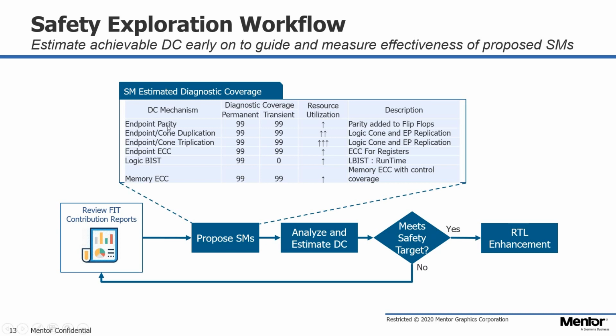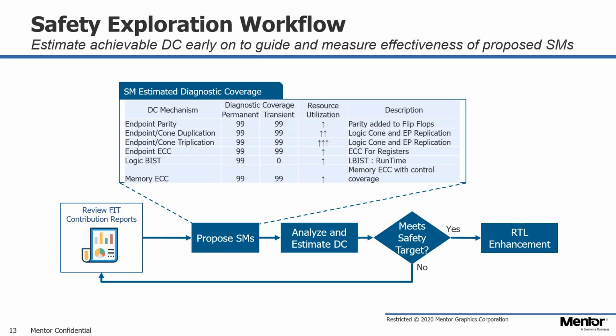As being visible over here, you have, for example, parity, duplication, triplication, ECC, or logic BIST with the according impact on the diagnostic coverage. However, also with the impact concerning resource utilization. And so you can run an investigation. What would happen if you add parity? What would happen if you add triplication? How does your overall diagnostic coverage change? And does this finally fit into your safety goals?